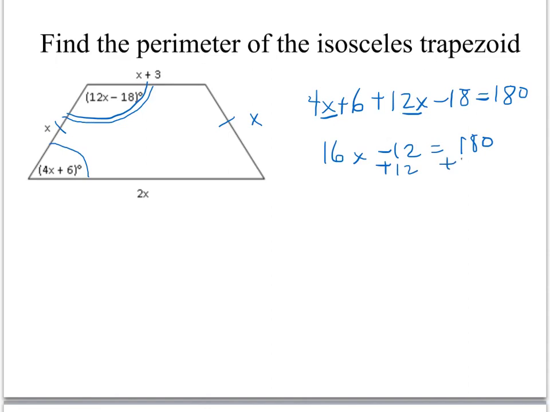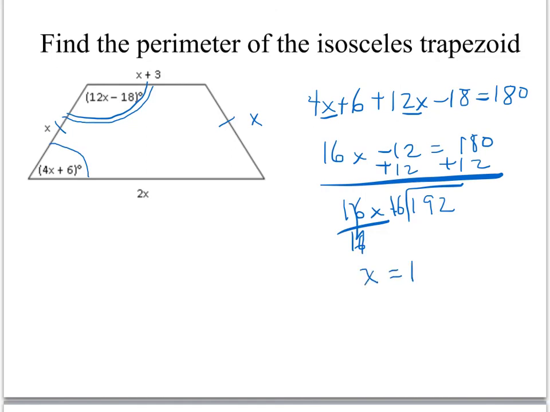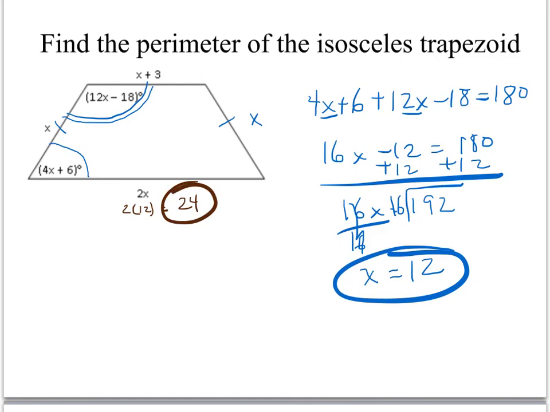Add 12 to both sides. And we know that 16x equals 192. So we're going to divide both sides by 16, and x is going to equal, when I do the math, 12. So the question says for us to find the perimeter. So I'm simply going to plug in 12 for x. 2 times 12 on bottom, that side is going to be 24.